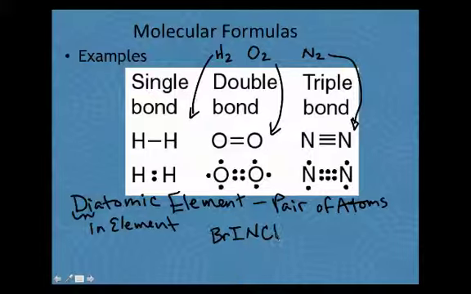See, if you can remember this name, Brinkelhoff, oops, I need an H, then you can remember which atoms are diatomic. It would be bromine, iodine, nitrogen, chlorine, hydrogen, oxygen, and fluorine.